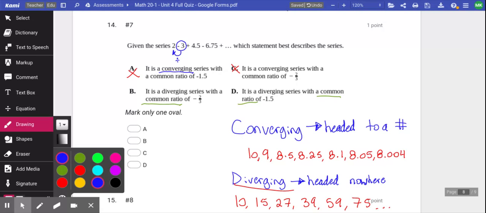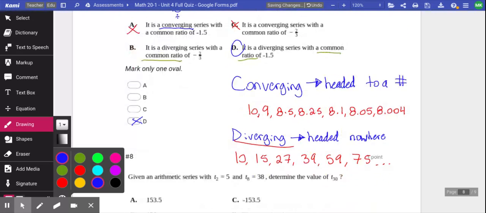So in this case, if you did -3 divided by 2, it would tell you that the rate that you're decreasing or increasing is -1.5. So my ratio is -1.5. That means I'm a diverging series with a ratio of -1.5. I am D. Cool.